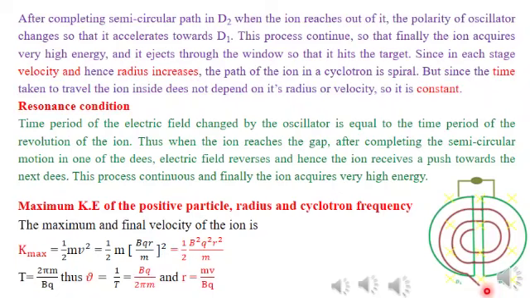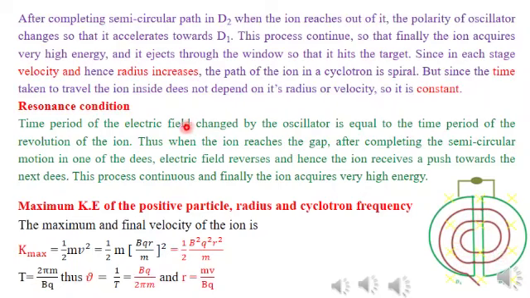Since in each stage velocity and hence radius increases, the path of the ion in a cyclotron is spiral. But since the time taken to travel the ion inside the disk does not depend on its radius or velocity, it is a constant.